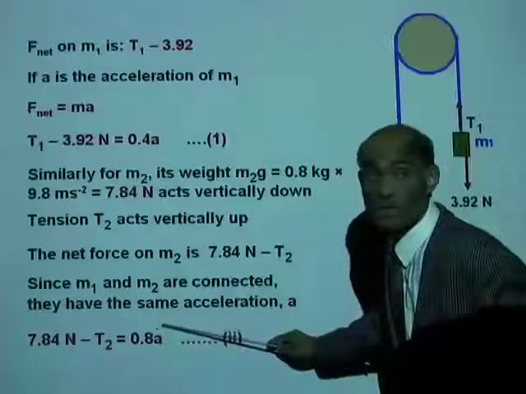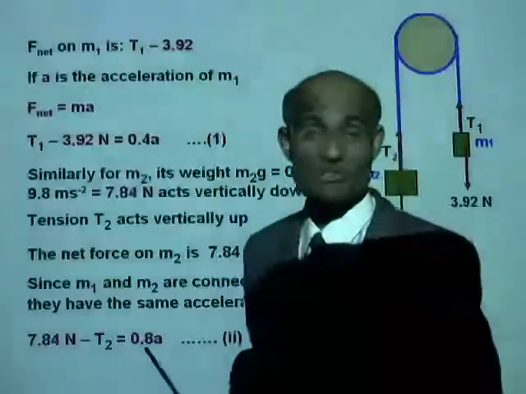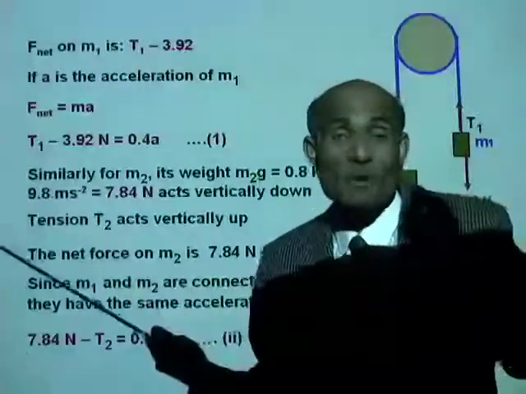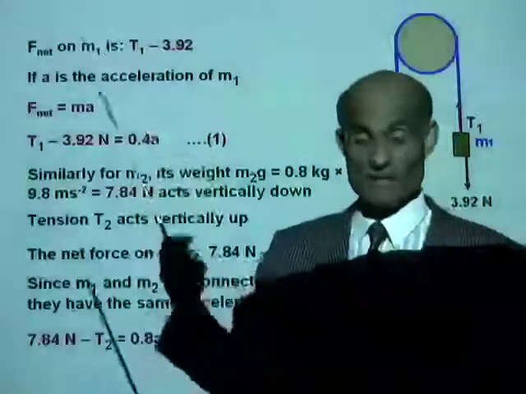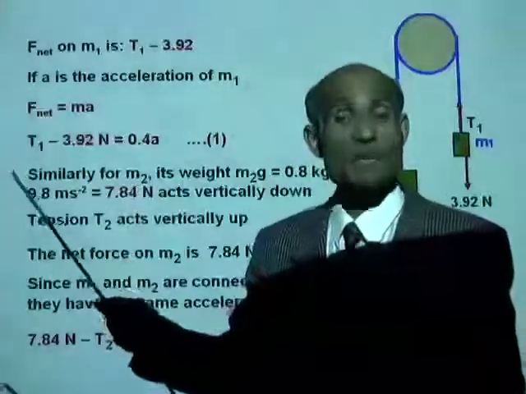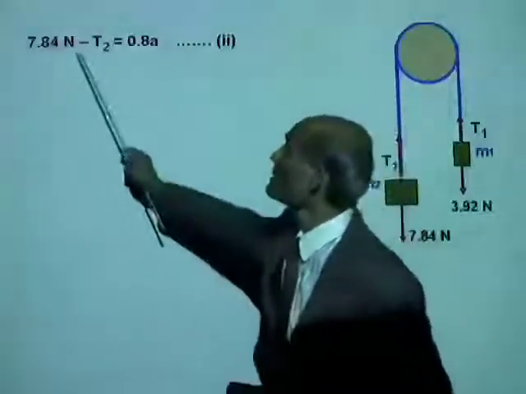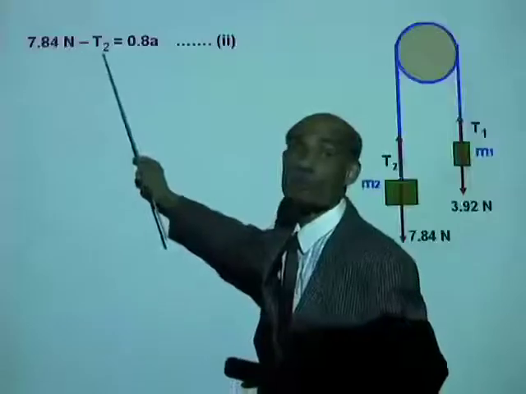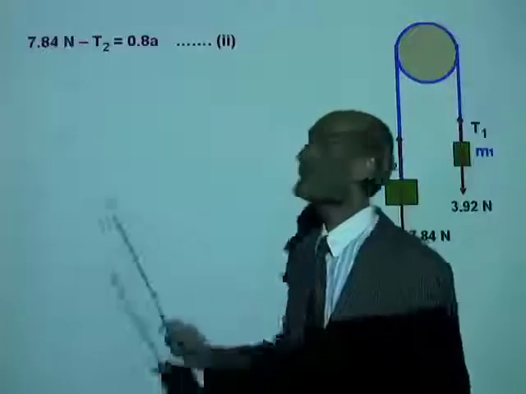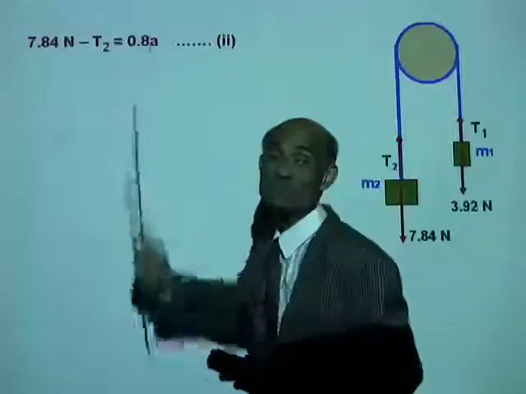Now, do you agree with me that the acceleration of both the masses is the same? Yes, they are. It cannot be different because they are connected. If one is accelerating, the other also has the same acceleration. So, we now have a second equation, 7.84 Newton minus T2 equal to 0.8A, and the variables here are A and T2.